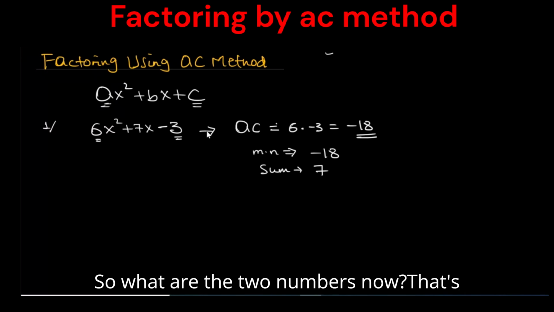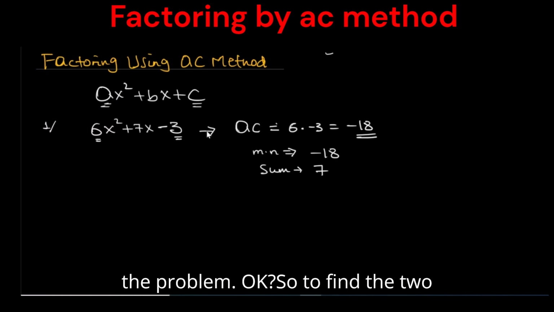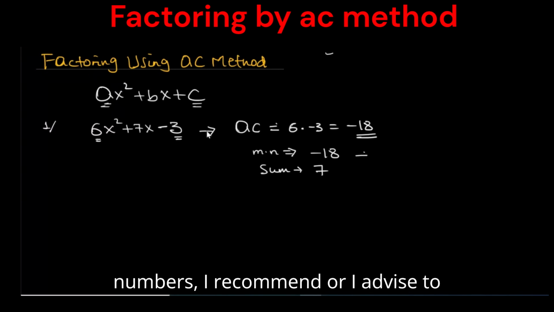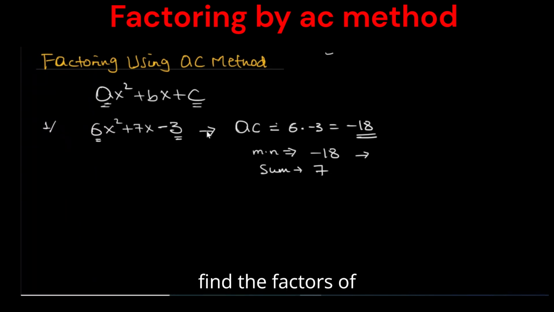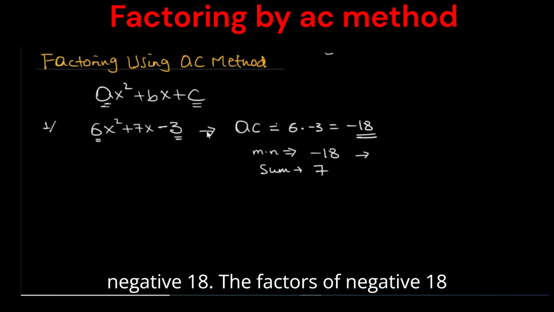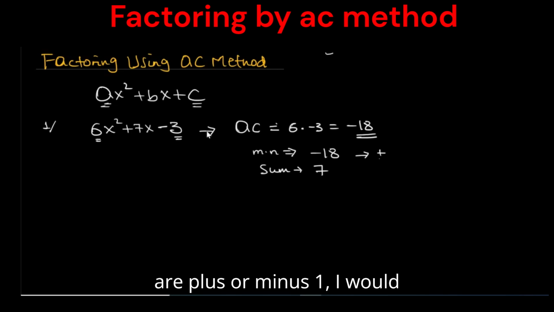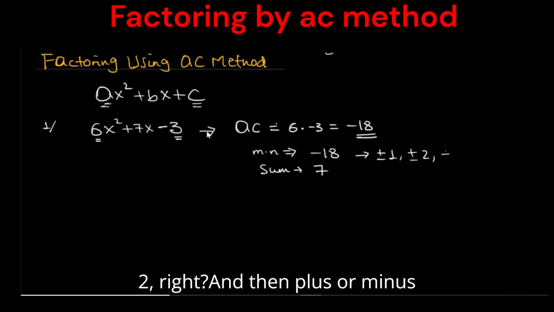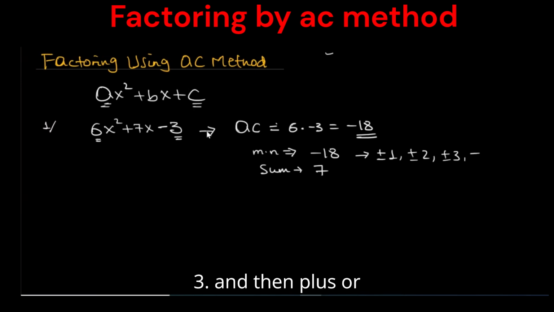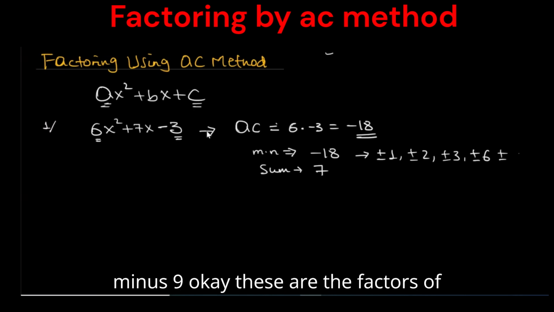So what are the two numbers now? That's the problem now. To find the two numbers, I recommend finding the factors of negative 18. The factors of negative 18 are plus or minus 1, plus or minus 2, plus or minus 3, plus or minus 6, and plus or minus 9.